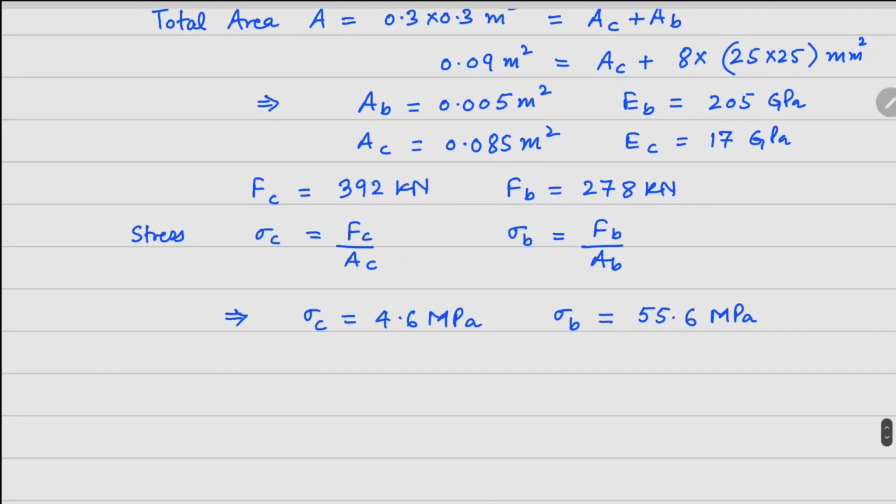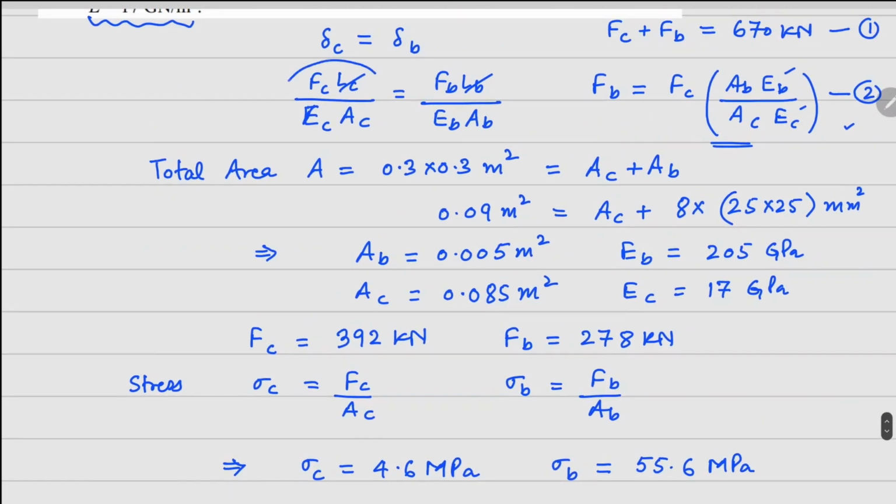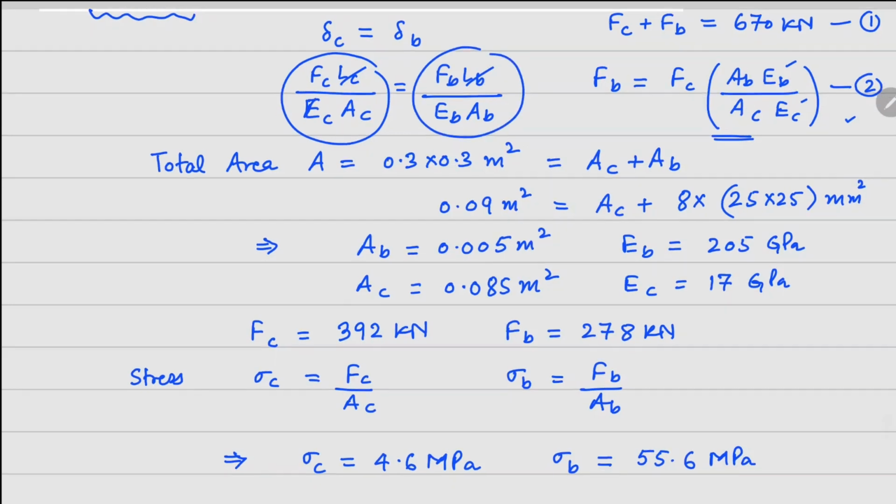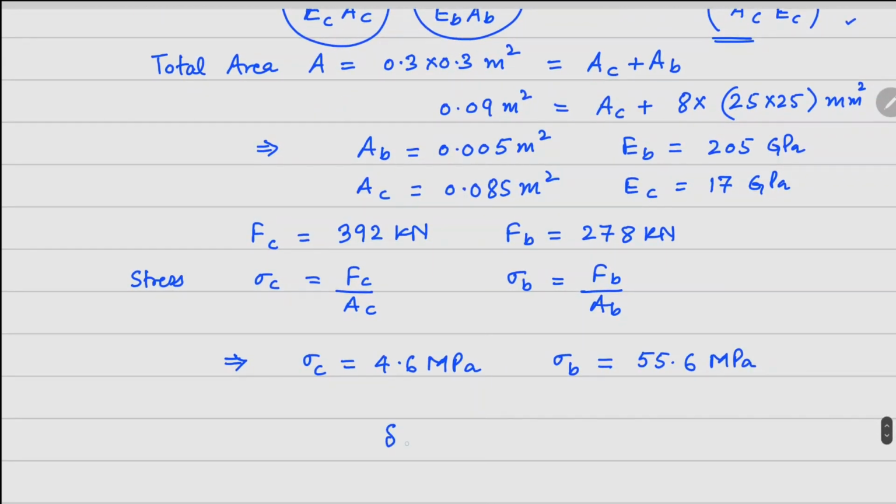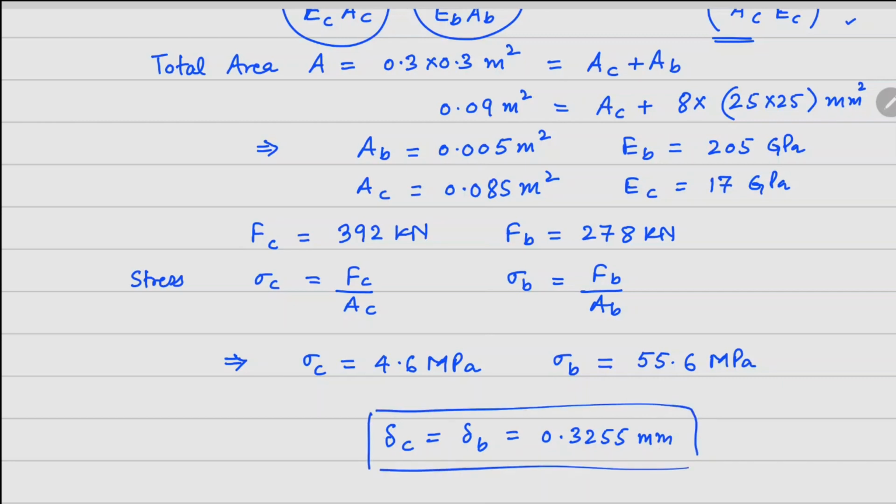Now for the deformation, we can use any one of these relationships, either this one or this one, and substitute all these numbers. So delta C equals delta B comes out as 0.3255 millimeters.